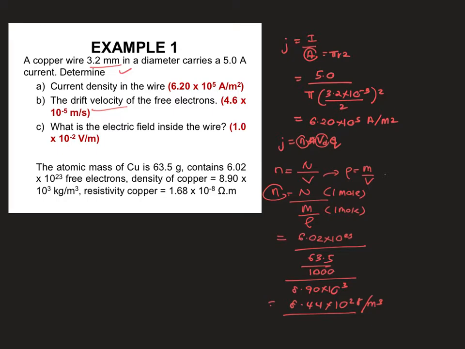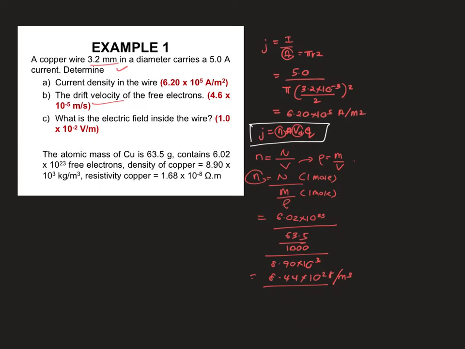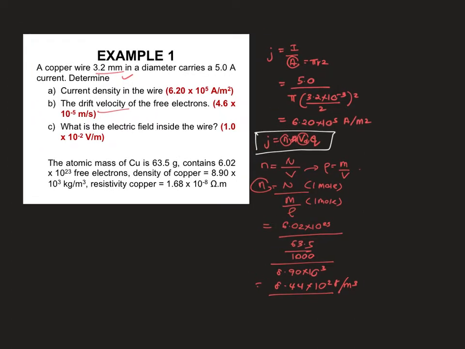Basically we are going to use this formula. The drift velocity will be J over NQ. J here I already found in question A, which is 6.20 × 10^5, divided by 8.44 × 10^28 times the charge of the electron, which is 1.602 × 10^-19.